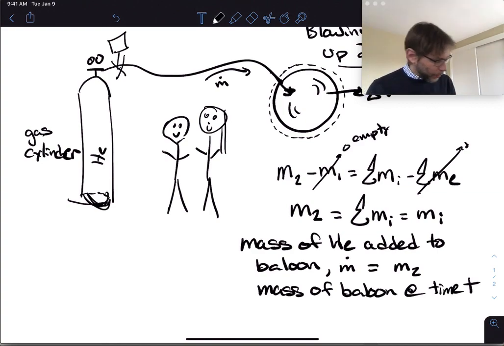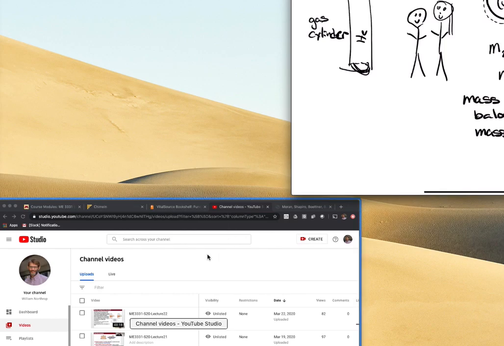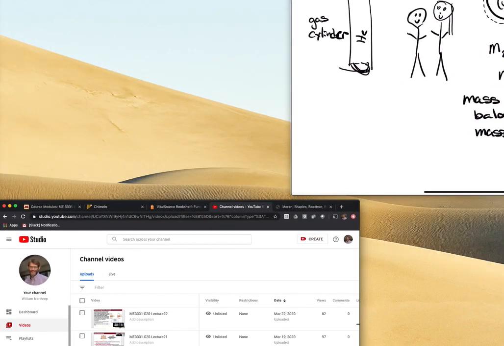Okay, so that's real simple. That's just conservation of mass.